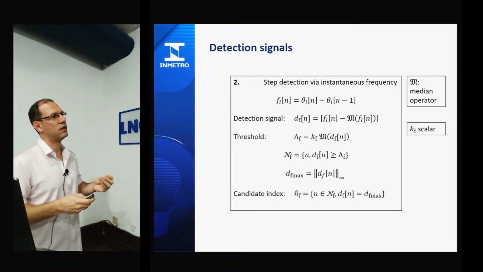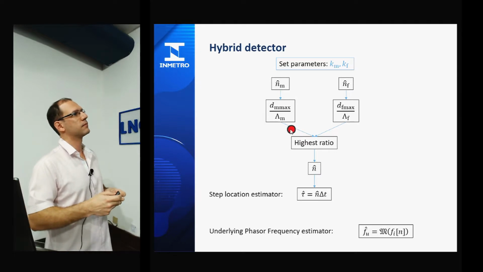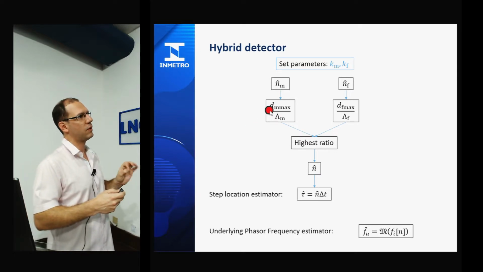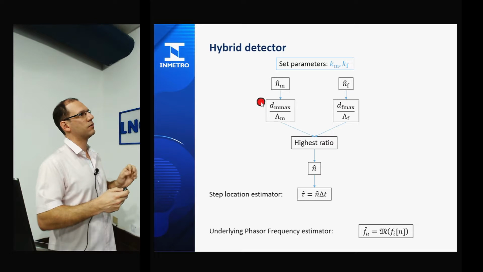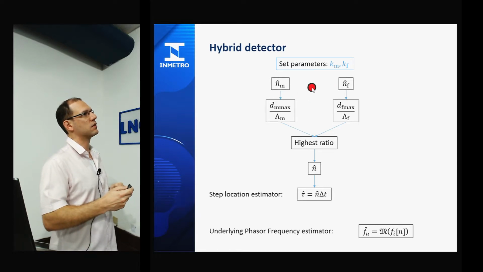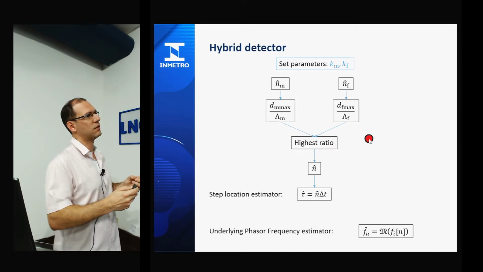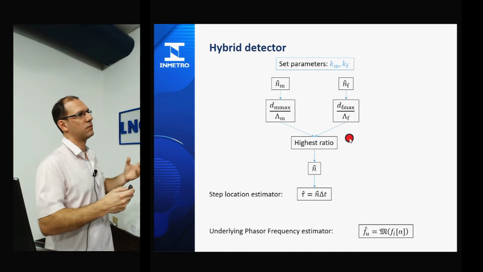From these two candidate indexes, we calculate two ratios. First we set the parameters Km and Kf using some criteria, and we have the candidate indexes and their respective ratios, the ratio of dm max and the threshold. The highest ratio, we understand, represents more information.